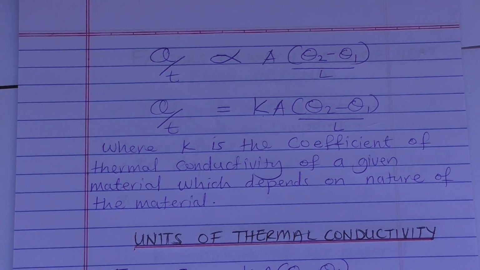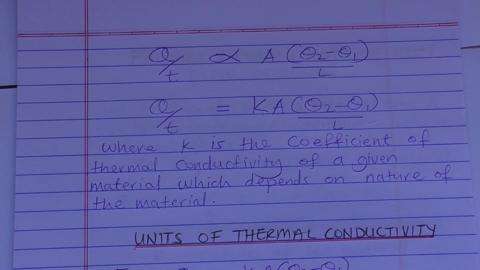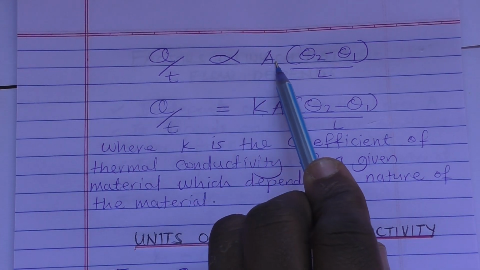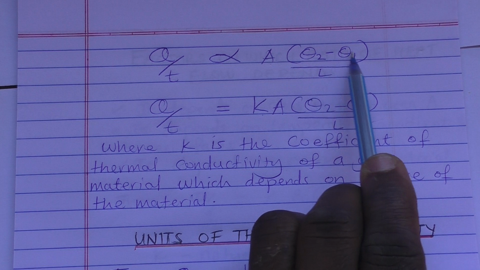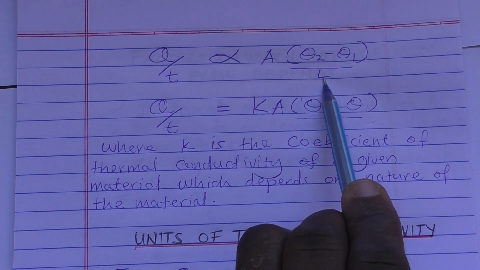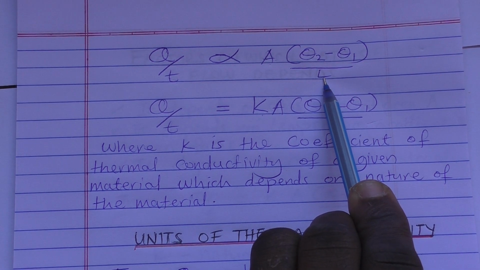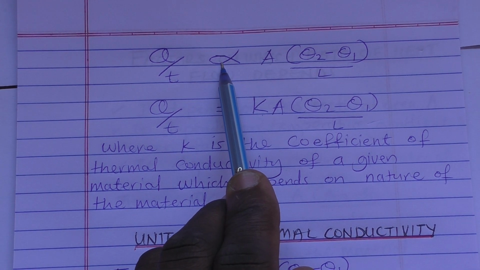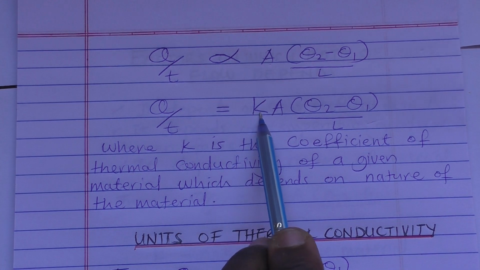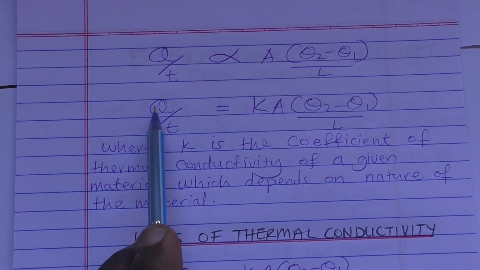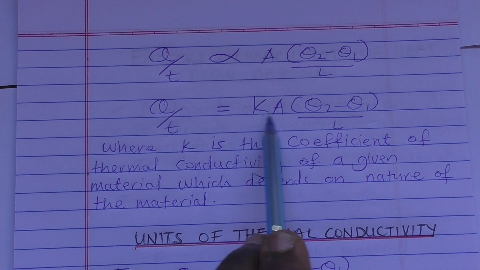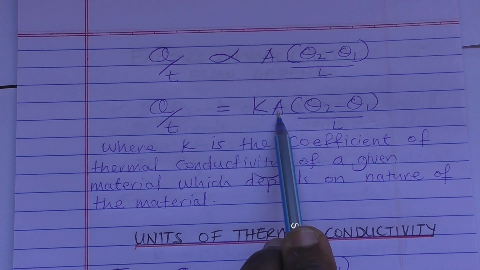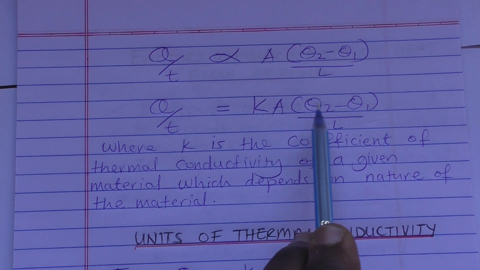Mathematically, the rate of heat flow is directly proportional to the cross-sectional area A and the temperature difference, but inversely proportional to the thickness L. If we replace the proportional sign with a constant K, then we have the rate of heat flow as K A, where K is the constant and A is the cross-sectional area, times the temperature difference over the thickness.